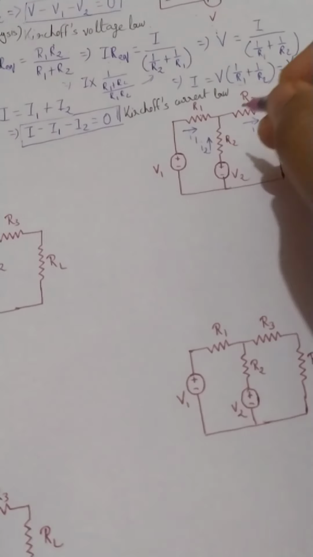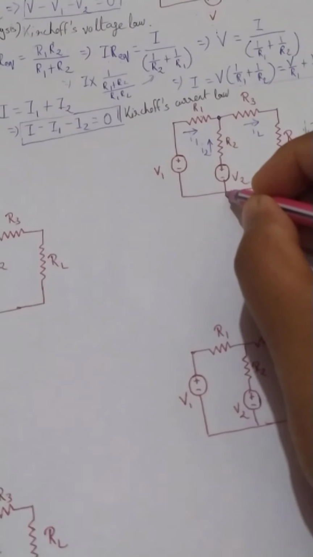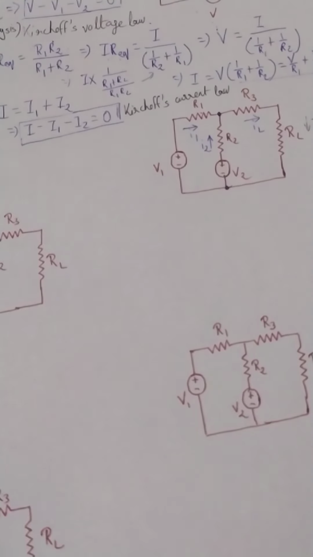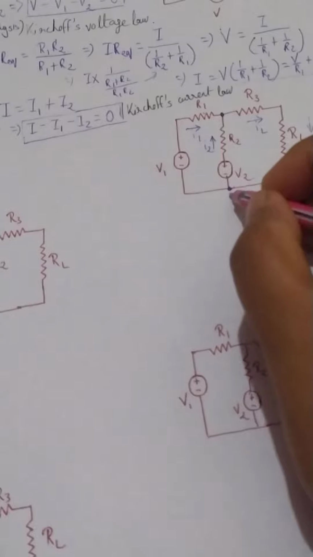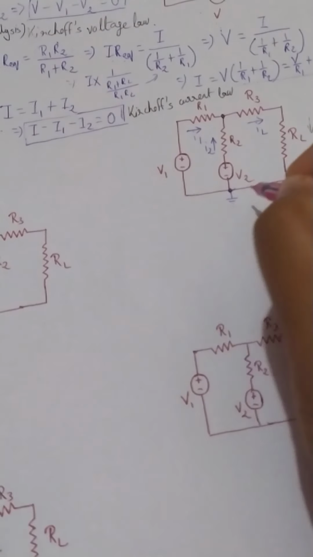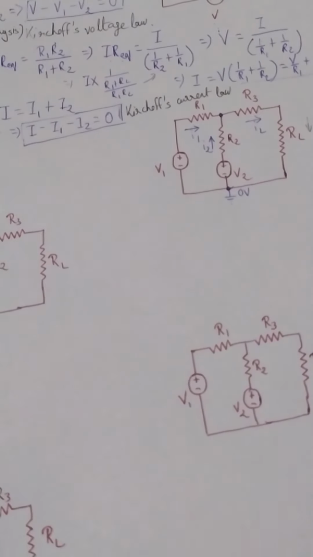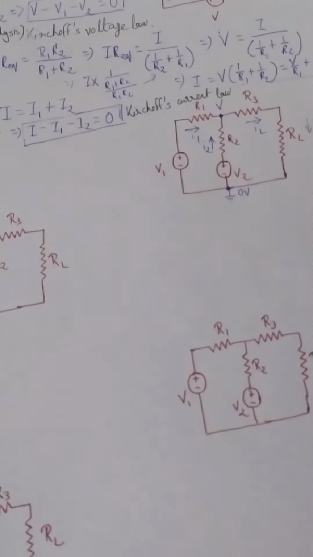And what are the nodes? There are two possible nodes, this one and this one, where we could apply KCL. We assume that the potential of this node is 0 volt, and the potential of this node is, say, V.